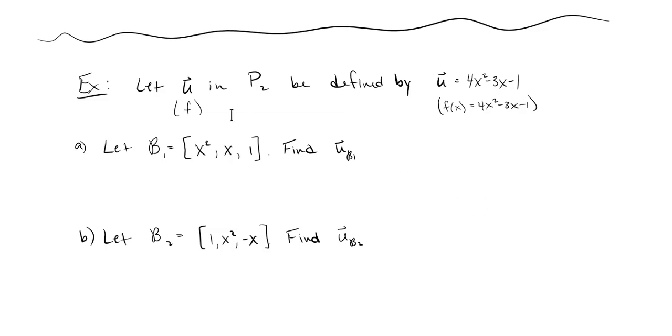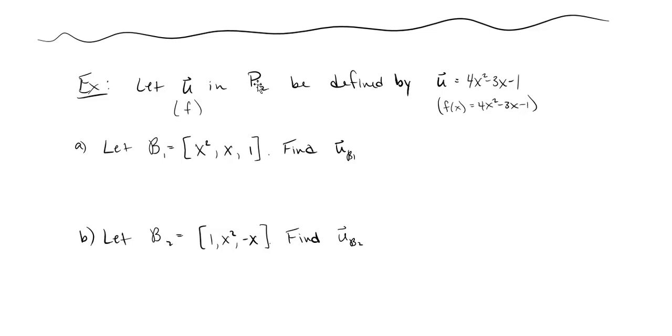Let u, the vector u, be in P2, the space of second degree polynomial functions. So these are your quadratic functions, right? Let this u be defined by u equals 4x squared minus 3x minus 1. I've written it parenthetically under this as f instead of u, so you're really thinking of this as a function.